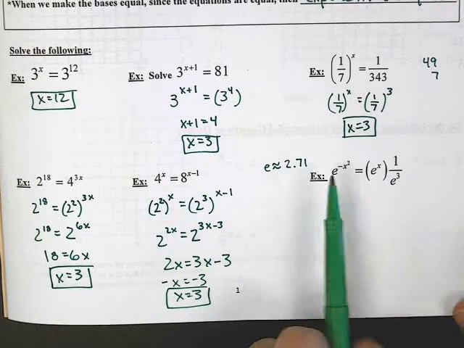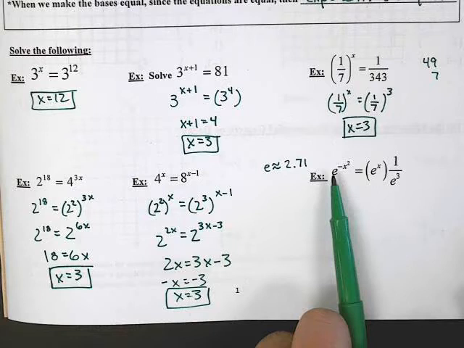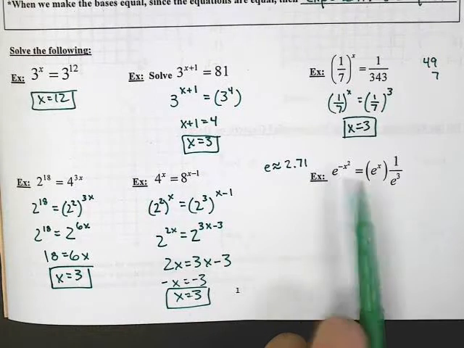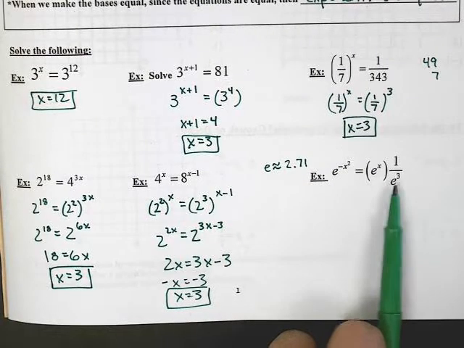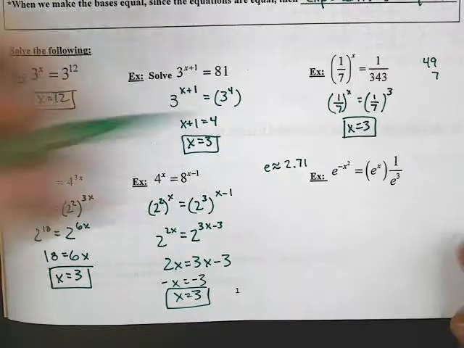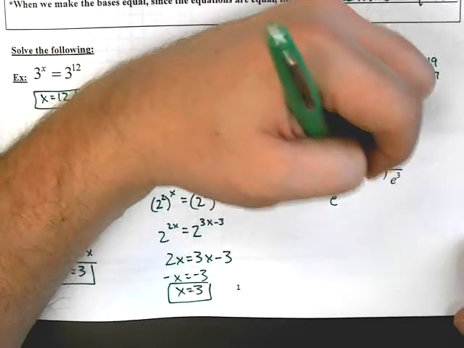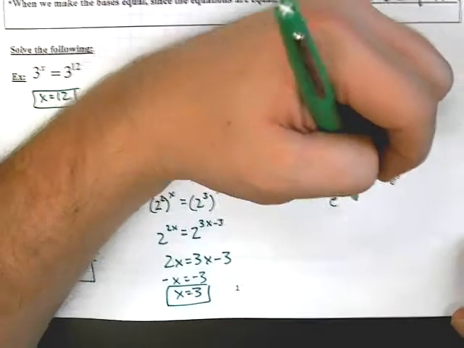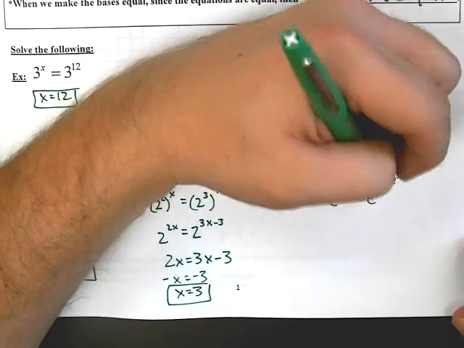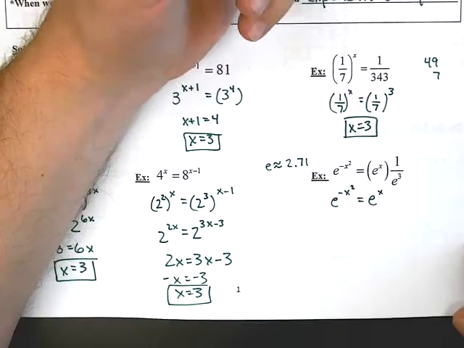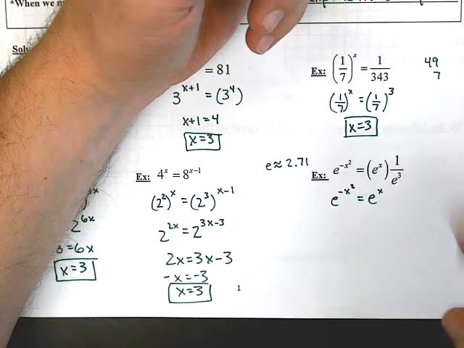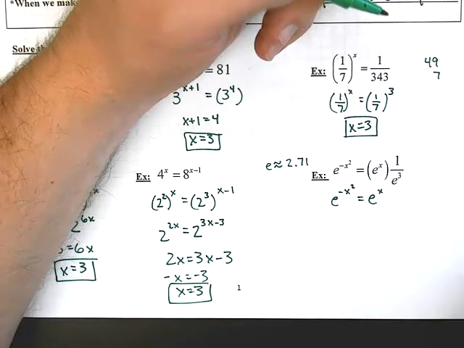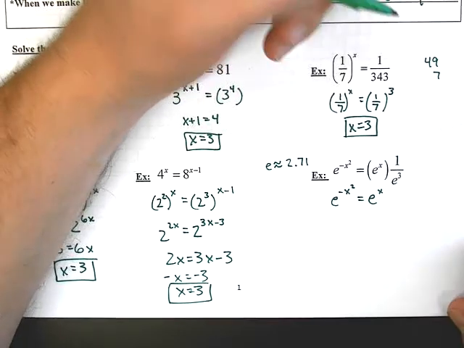I see E here. Okay, so let's just rewrite all of these in terms of E, base of E. So e to the negative x squared I'm going to keep. I'm also going to keep this one. This I'm going to change to what? How can I rewrite e to the third power in the denominator?